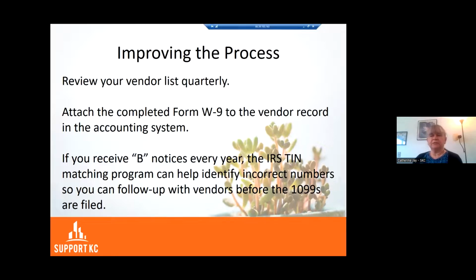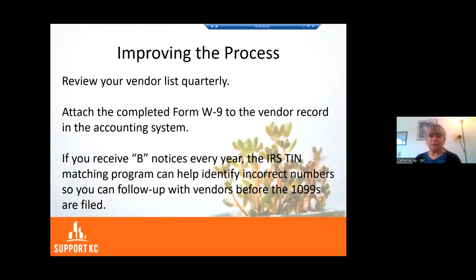If you receive B-Notices every year and you want to try and cut down on receiving those notices, the IRS has a taxpayer identification number matching program where you can send them a list of however many vendors with the numbers that you have and see if it matches what's in the IRS records. What the IRS will do is they will report back whether a number matches or not.